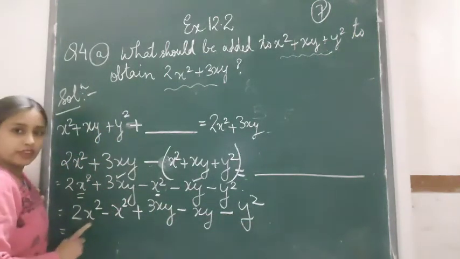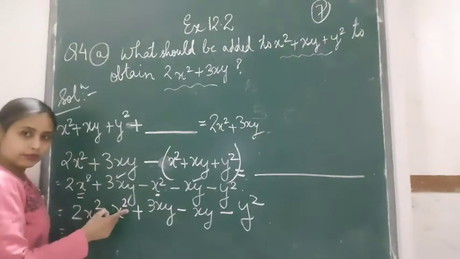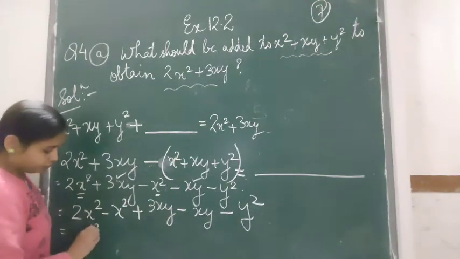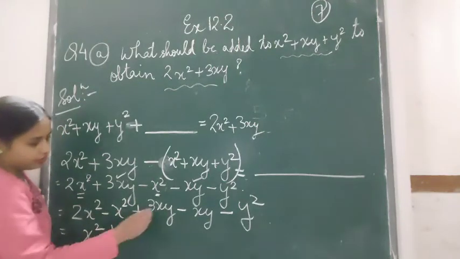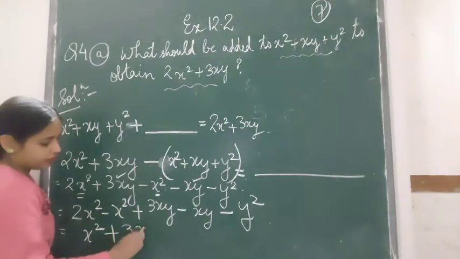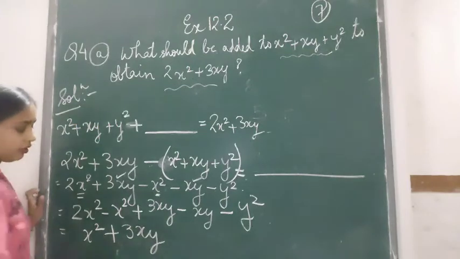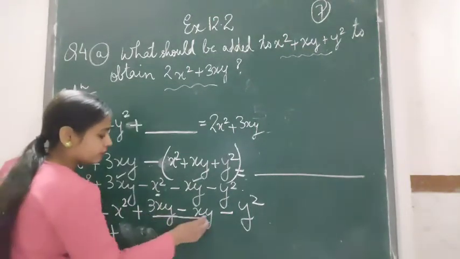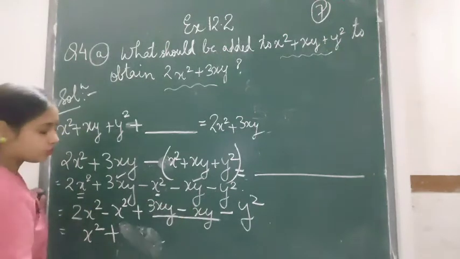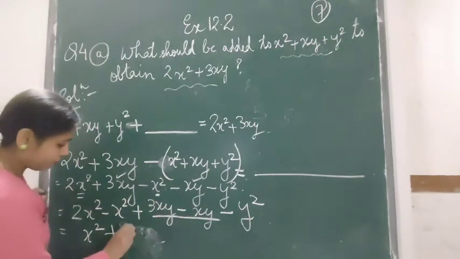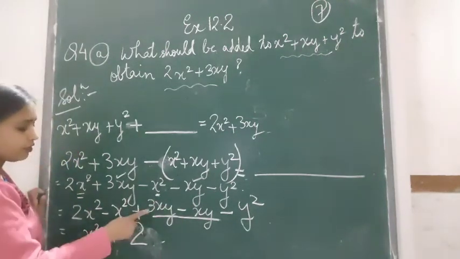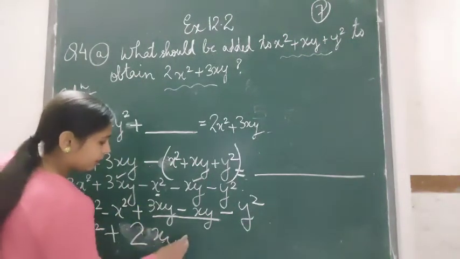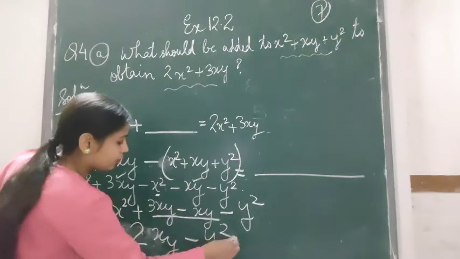Terms are common, variables are common, parts are same. So 2 minus 1 will give us 1, that is x square, plus 3xy, xy is common, so 3 minus 1 will give us 2. Answer will be positive because 3 is greater and it is positive. So 2xy minus y square.